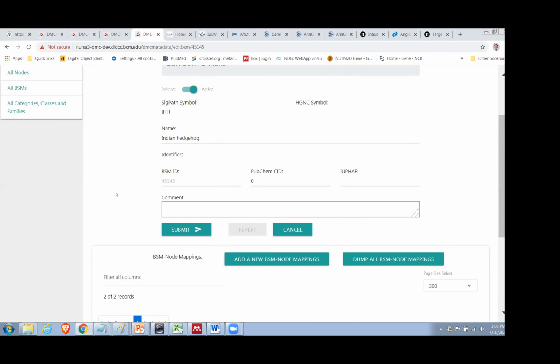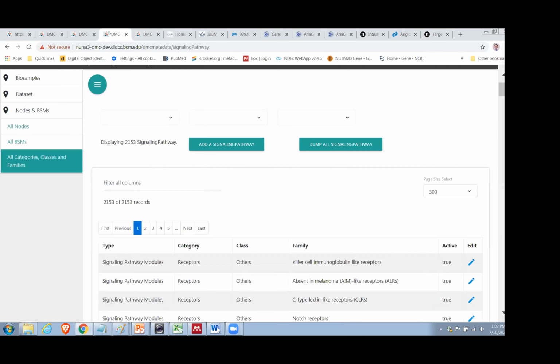So we have synthetic compounds, which can be either experimental in nature or approved therapeutics, or we have small molecules that are actually encoded by a particular transcript. So that's BSMs.